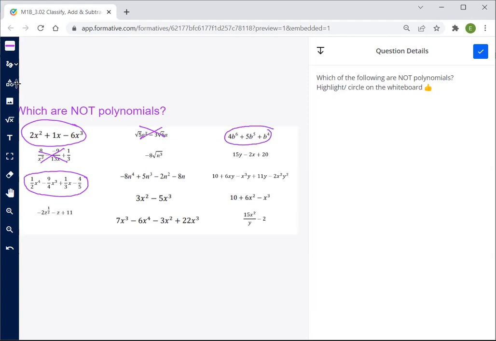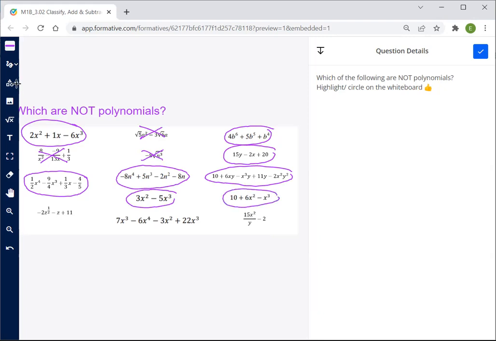This one is a polynomial. This one's a polynomial, not a polynomial. This one is. This one is. Okay, the only other one that I see here, this one is, this one's good.